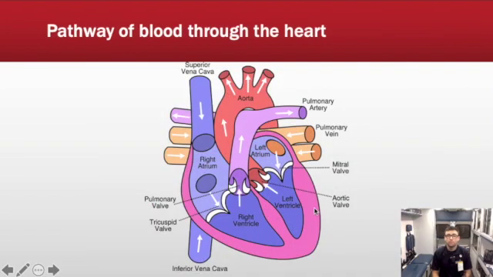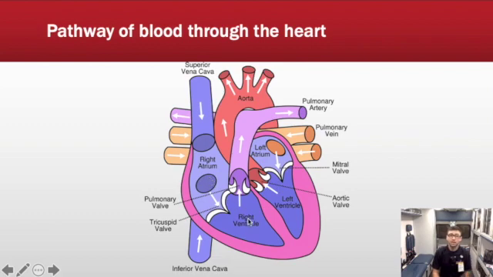If we were to follow a drop of blood through our heart, it would make many different turns. The superior and inferior vena cava are two pathways that bring deoxygenated blood back to the heart, into the right atrium.